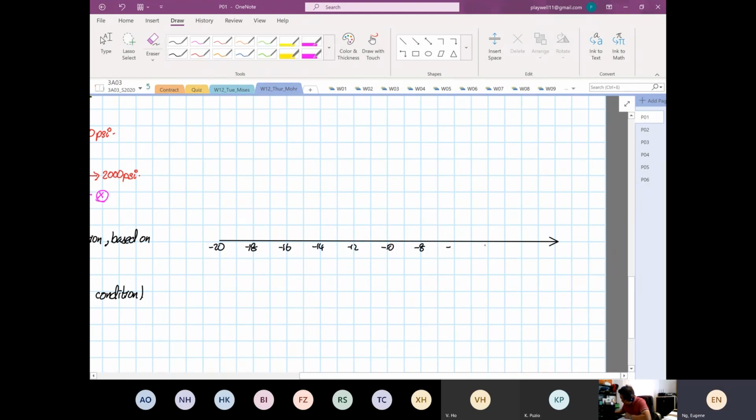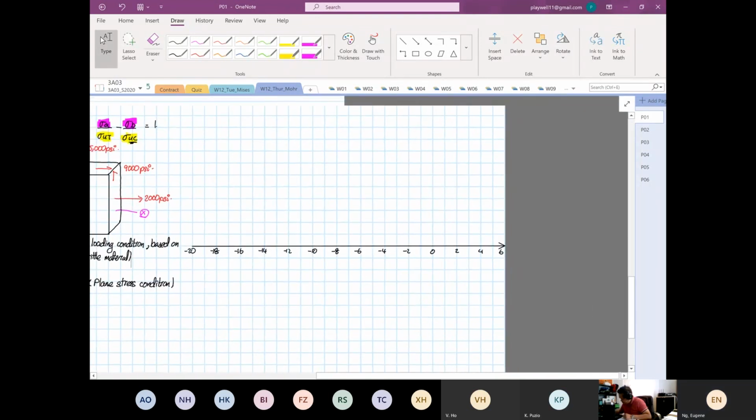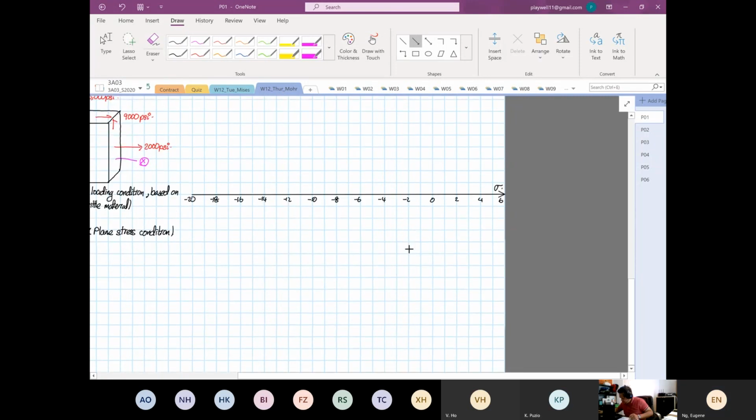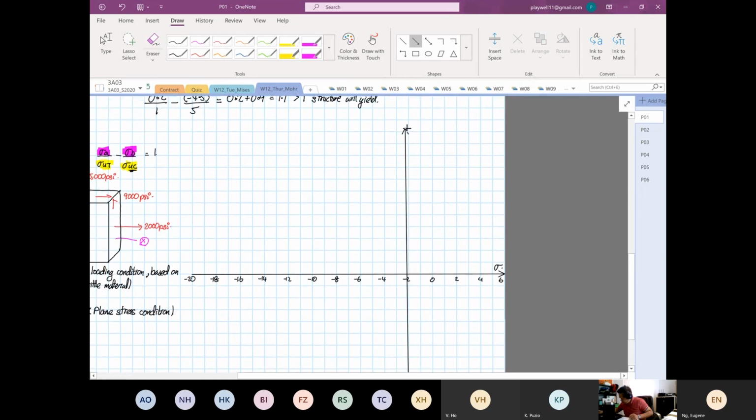I might need to squeeze it a bit more. So this is 2, 4, 6, right at the edge. This is our normal stress. Then we have our shearing stress. Oh, wrong intersection.